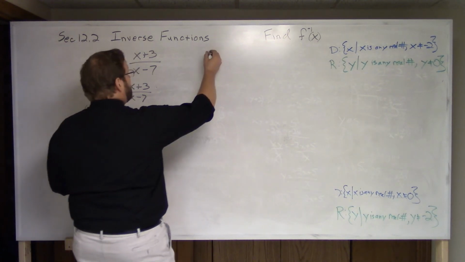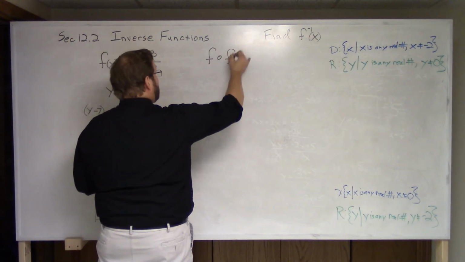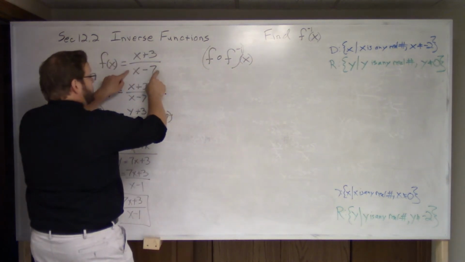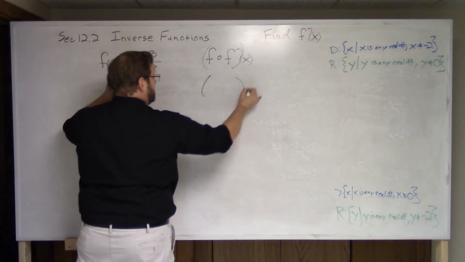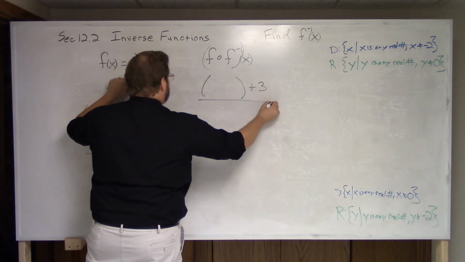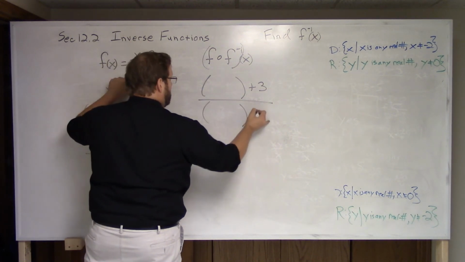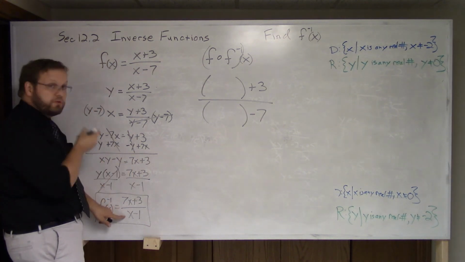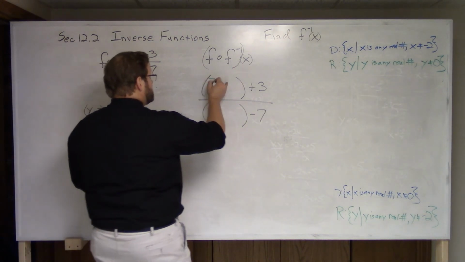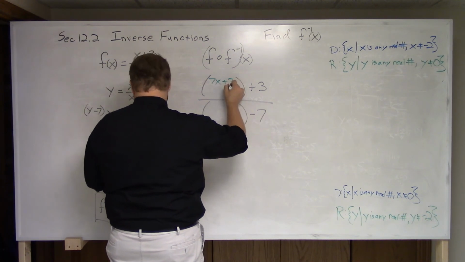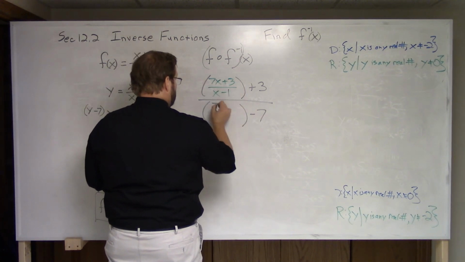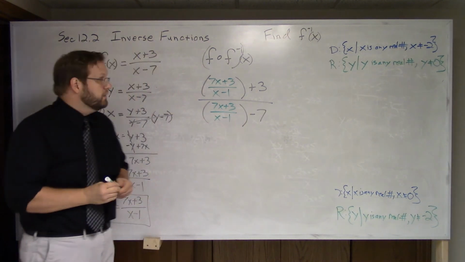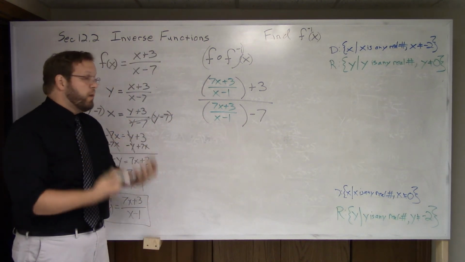So if I go with f composed with f inverse of x, I start with my original function, which is x plus 3 over x minus 7. And then in there, I plug in that inverse I found, which is 7x plus 3 over x minus 1. Complex fraction. I want to clear that.